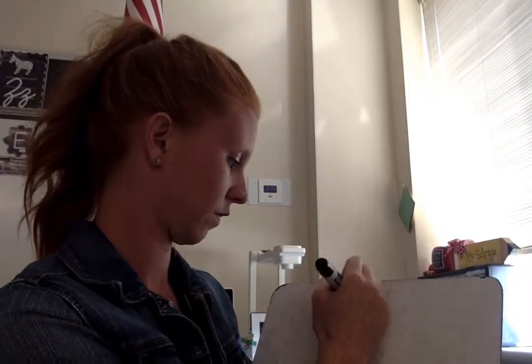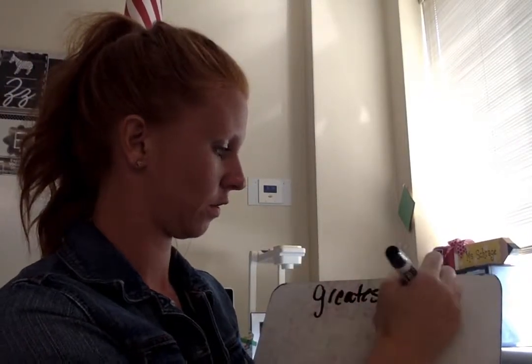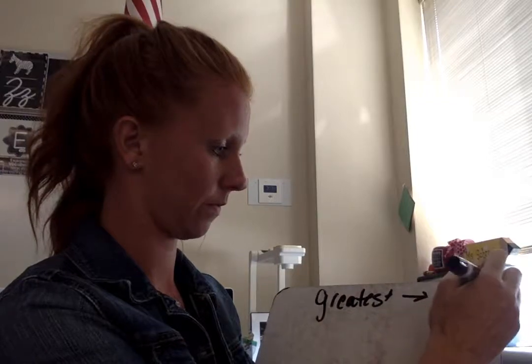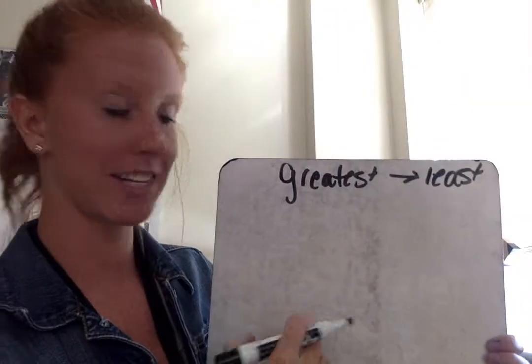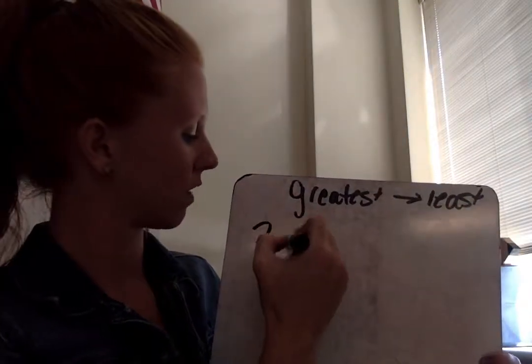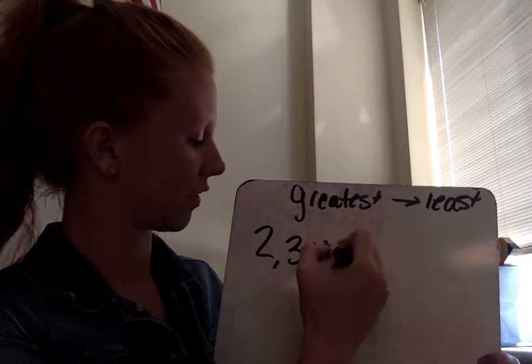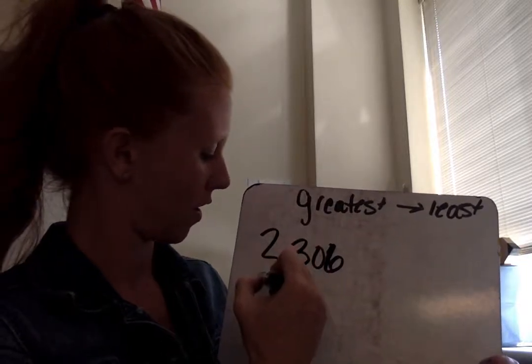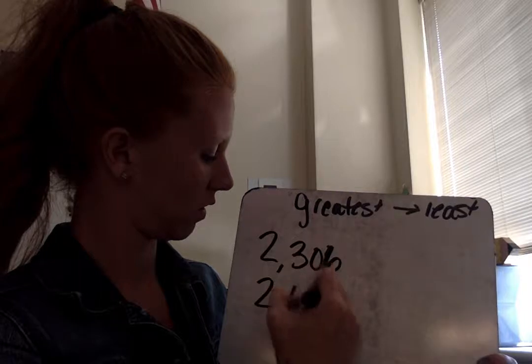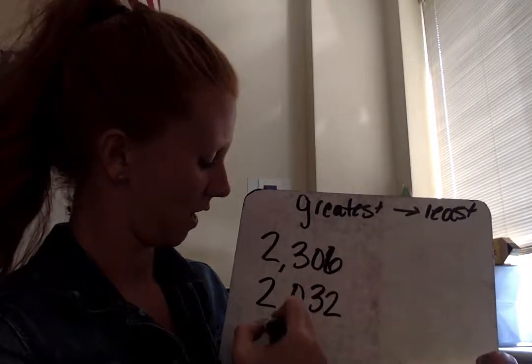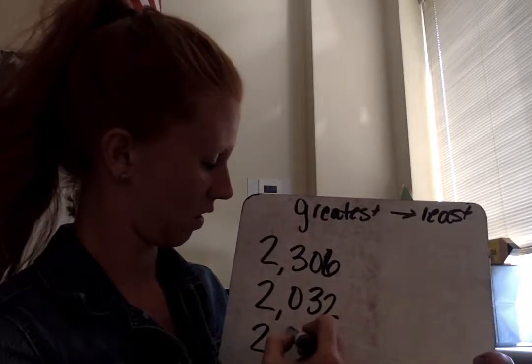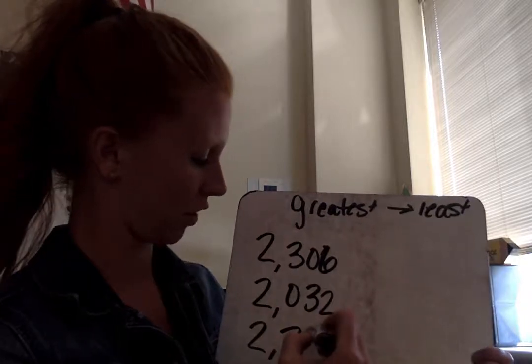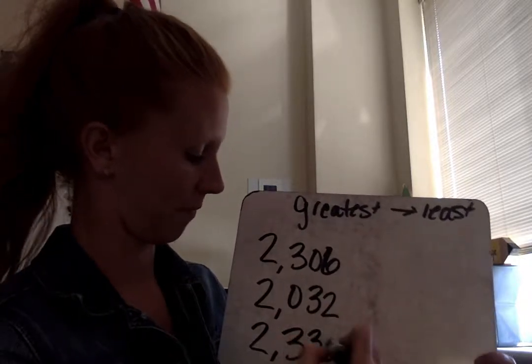Okay? This time, let's go from greatest to least. Greatest to least. We have 2,306, 2,032, and we have 2,330.